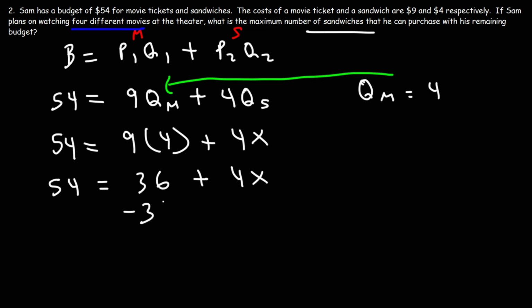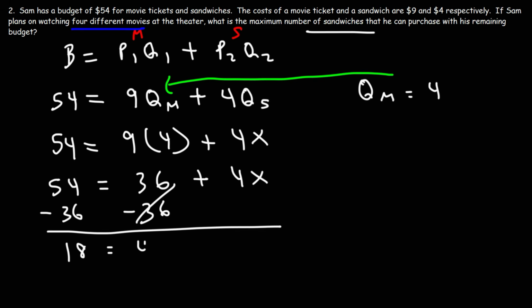Next, we need to subtract both sides by 36. 54 minus 36 is 18. So we have 18 is equal to 4x. If we divide this by 4, 18 divided by 4 is 4.5.